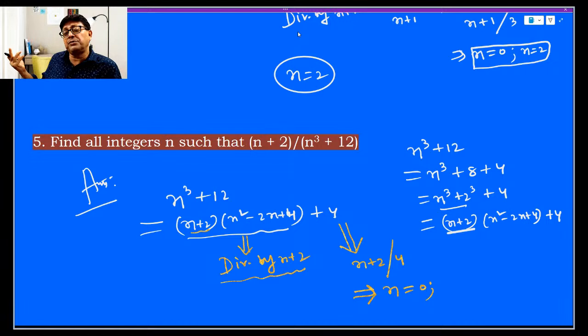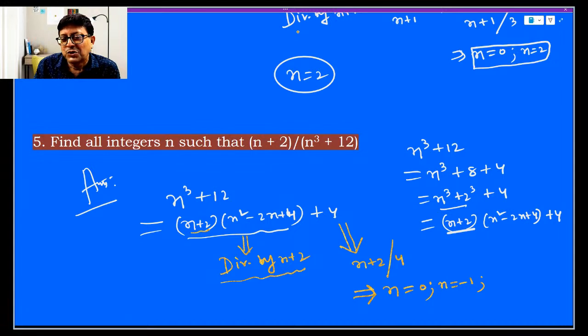If you take n equal to 0, okay. n equal to minus 1, all integers they said. You have to take n equal to minus 1 plus 2. Done. Then you take n equal to minus 2. No, minus 2 means 0. 0 does not divide anyone.